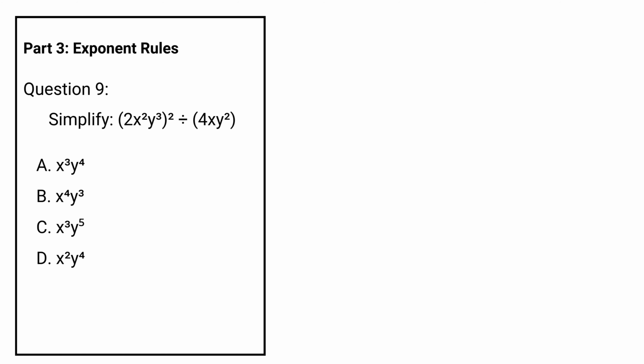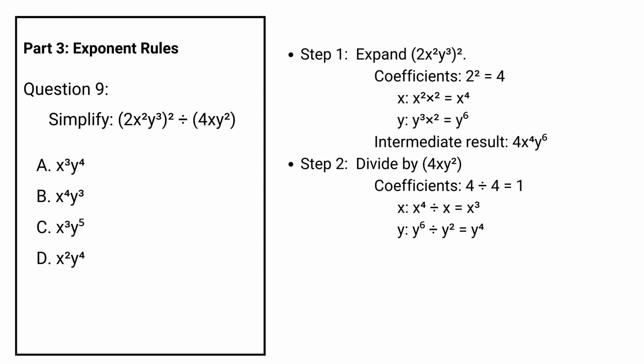Let's put it all together in one. Simplify. Parentheses 2, x squared y cubed, close parentheses squared, divided by 4xy squared. First, expand what's in parentheses. 2 squared is 4. X squared squared becomes x to the 4th, and y cubed squared becomes y to the 6th.